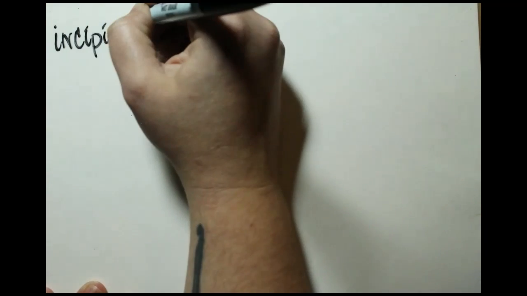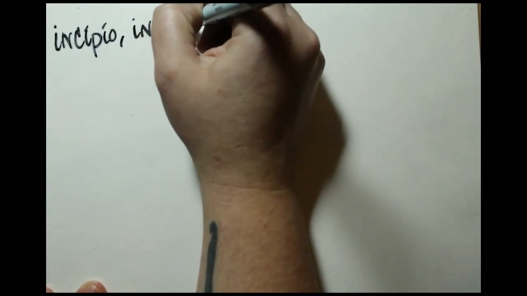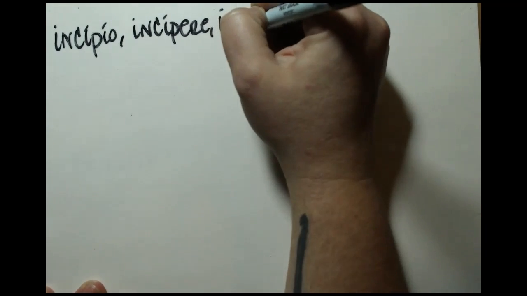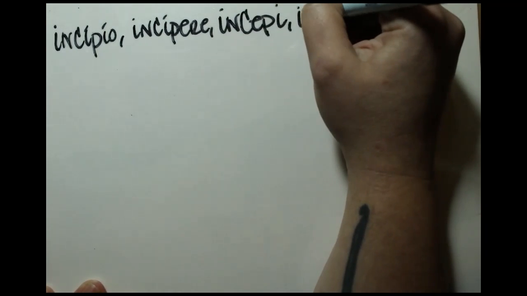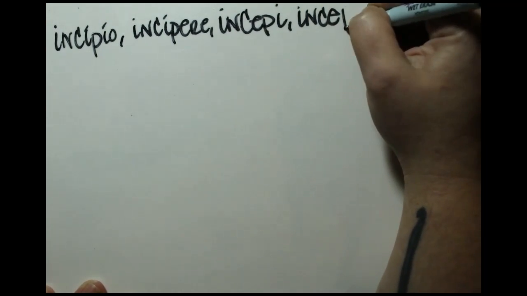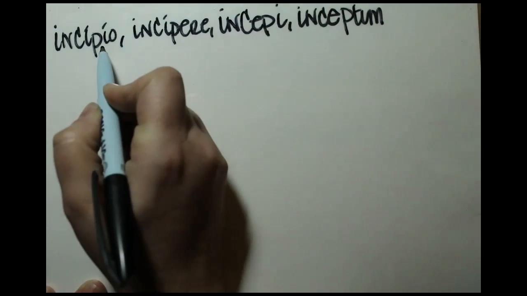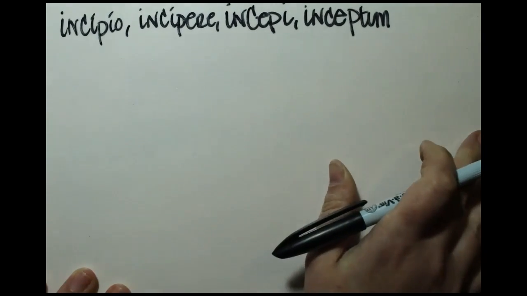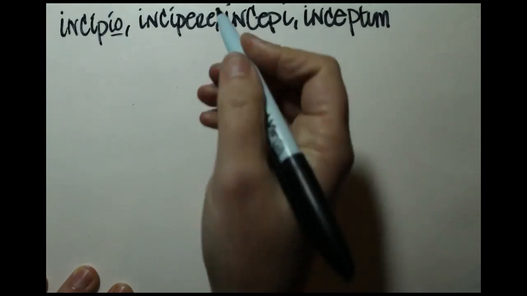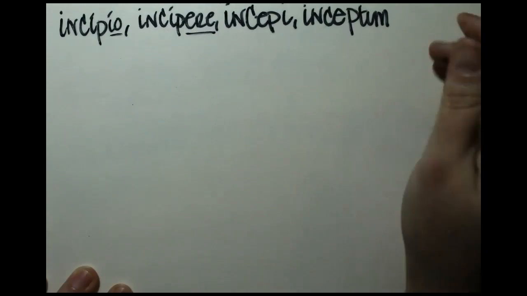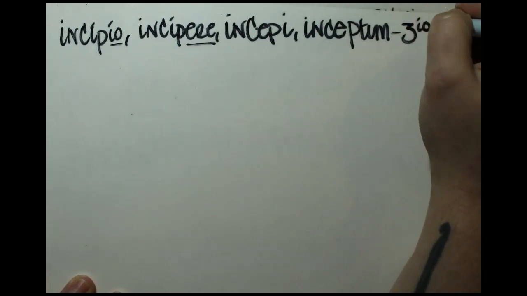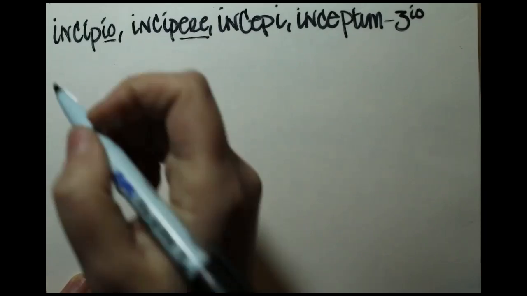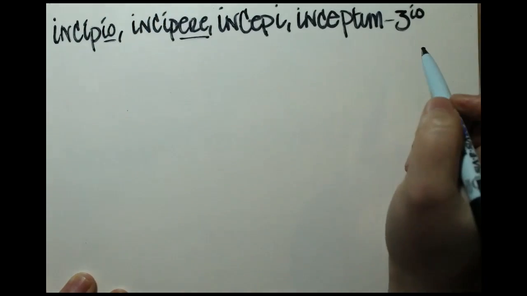Incipio, incipere, incepi, inceptum. Looking at the first principal part and the second principal part, what do we notice? IO in the first principal part, ERE in the second principal part. We have a third IO here. So it's a third conjugation that uses IO in the first principal part, a third IO.